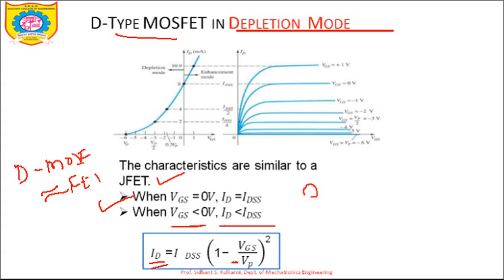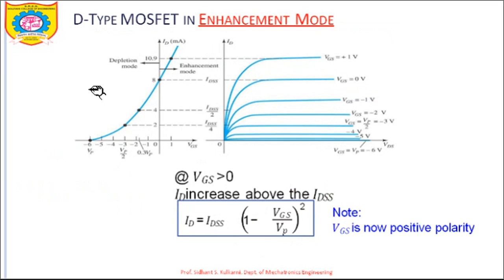Then if we want to operate the depletion type MOSFET in the enhancement mode, remember these characteristics we already saw. If VGS is greater than 0, we observe that the MOSFET is operated in the enhancement mode. The equation that you need to remember is IDSS times 1 minus VGS upon VP. It is the same expression, but here VGS you should take with the positive side.